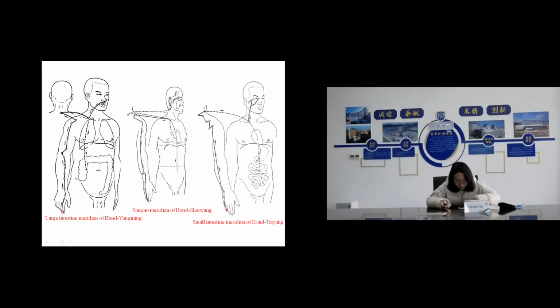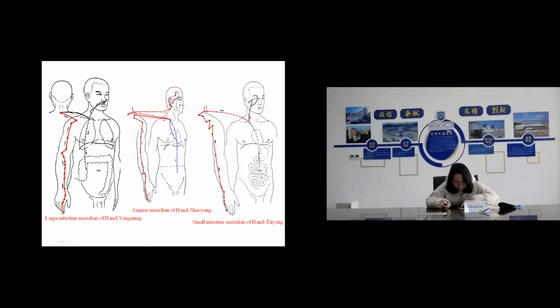So here is the main course of the yang meridians of the hand. The first one is the large intestine meridian of hand, Yang Ming, from the index finger, then to the head, at the anterior side of the body. Next one is the Sanjiao meridian of hand, Shao Yang.